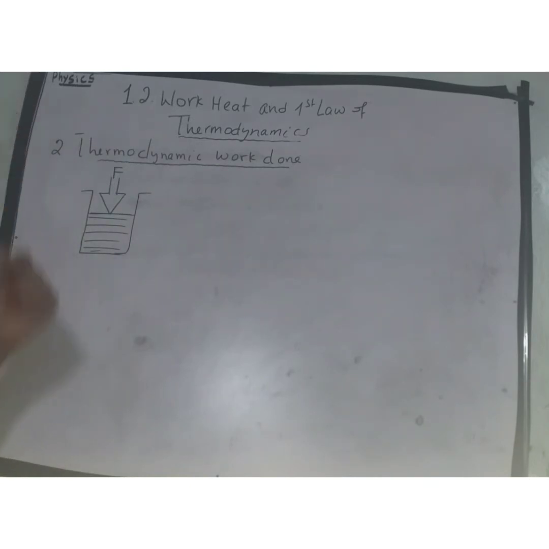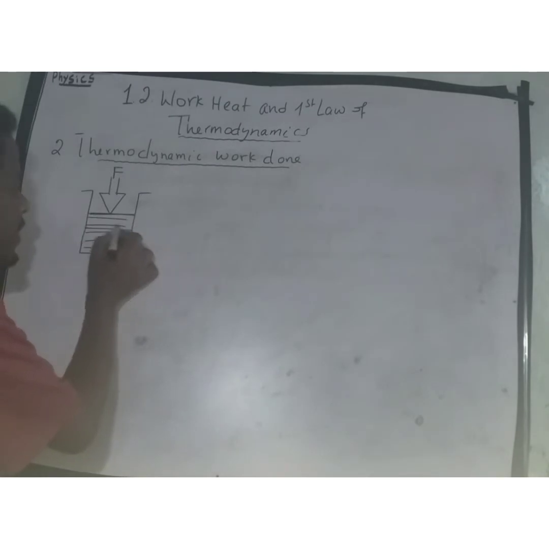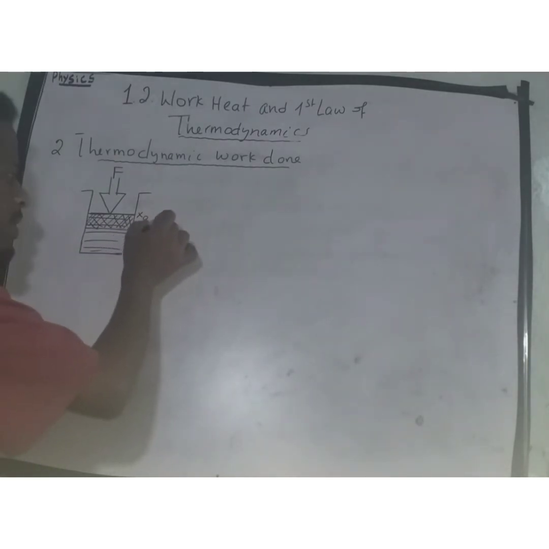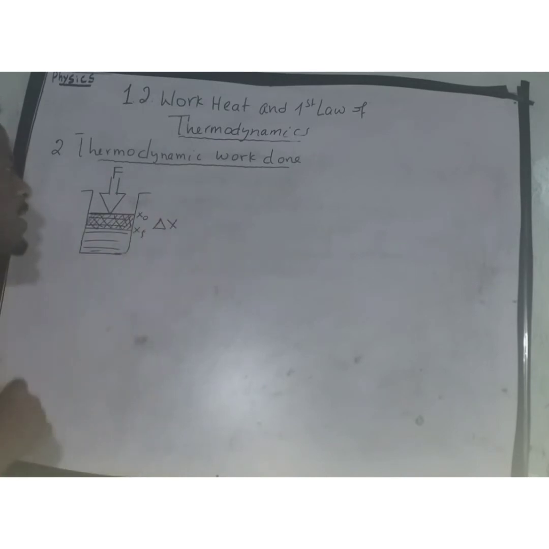When we are applying a force on it, there is a displacement in the direction of the force, from x naught to x final, which is a displacement delta x.